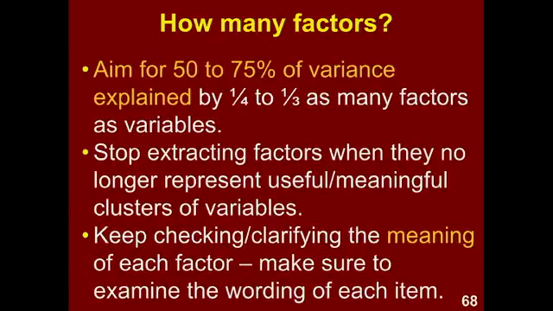Okay, so we've said 50 to 75% of the variance, using maybe a quarter to a third as many variables. If you're starting with 18 variables, then maybe 3, 4, 5, 6 factors. Watch out for the weakest factor being meaningless. If that happens, roll back one model. And keep checking the meaning of the factors.